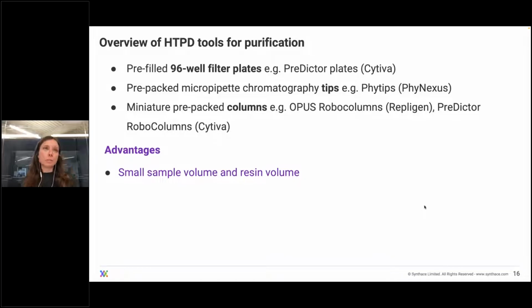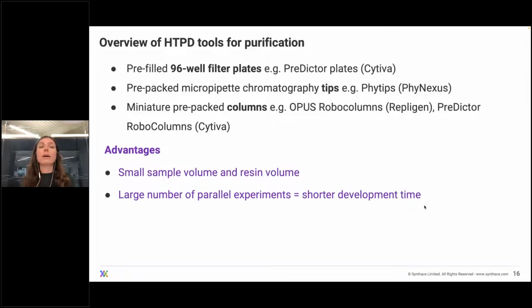So the main advantages of all of these tools is that, obviously, because they're so scaled down, they use a much smaller sample volume and a small resin volume, which in turn translates to lower material costs. Or perhaps keeping the cost same, but what it enables us to do is to run a larger number of parallel experiments, which in turn translates to much shorter development times.